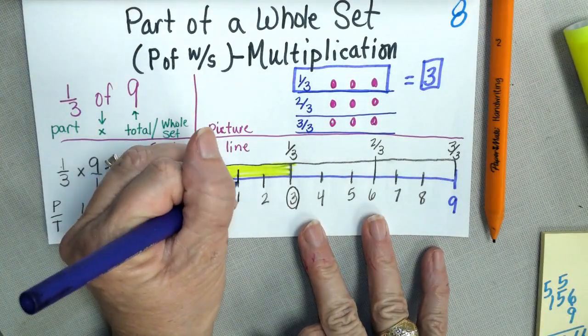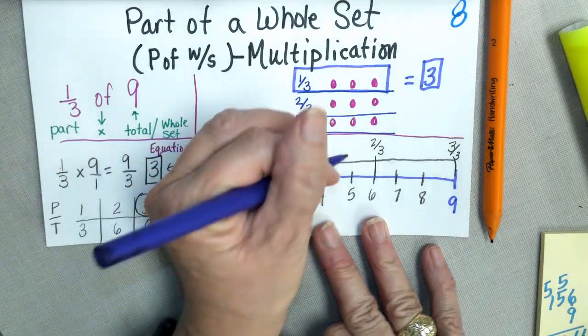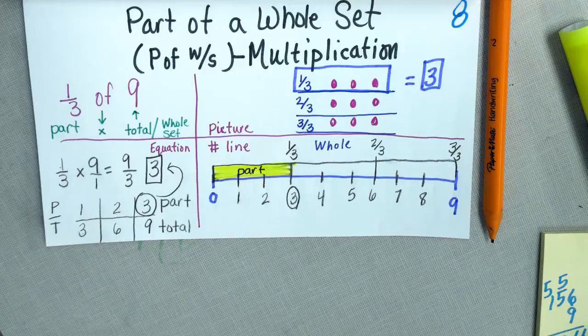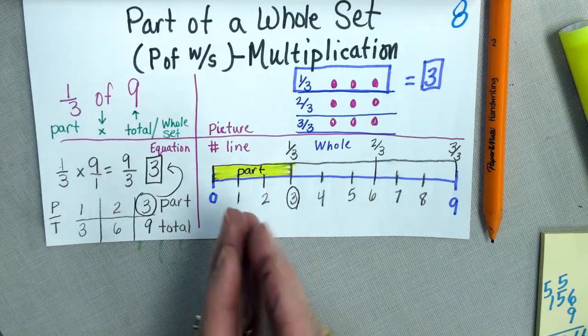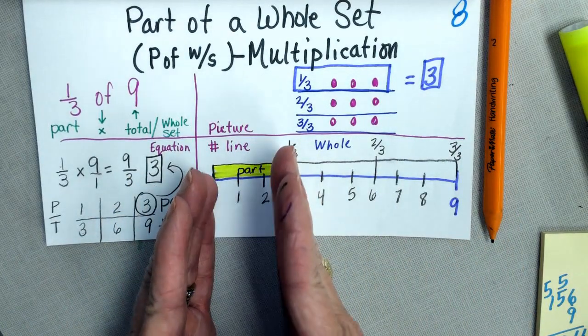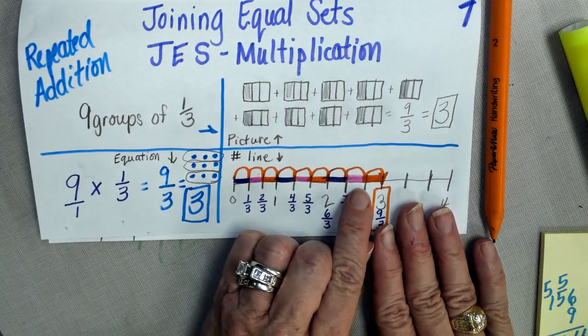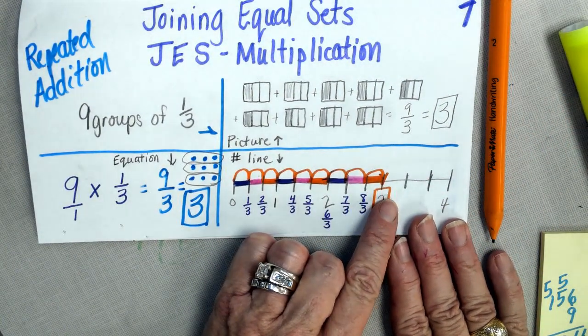This looks like part of the whole. Would you agree? Yeah? The whole number line, but we want a little part. This to me looks like a bunch of 1/3 pieces being put together over and over and over again.